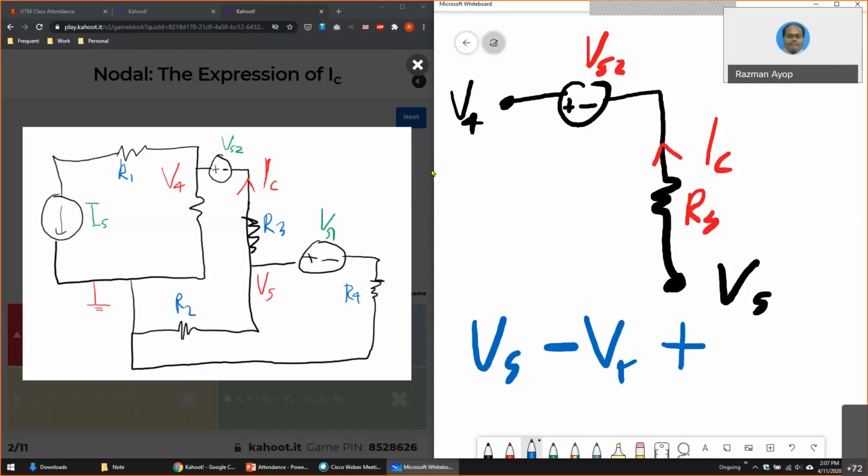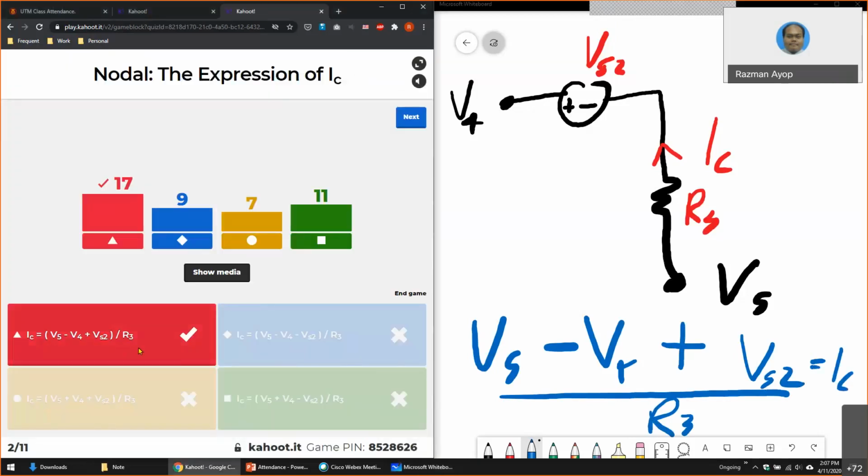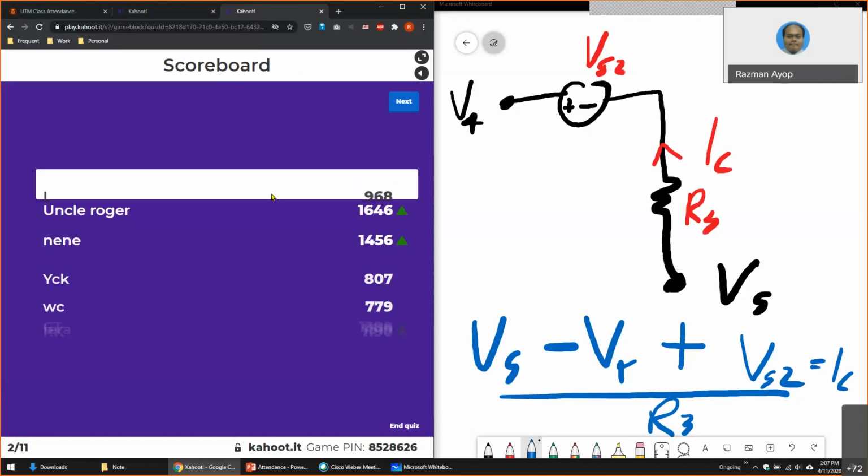So positive VS2 divided by R3 equals IC. So here is the answer. Okay, we move on. Who has the highest mark? Uncle Roger. Okay, so next question.